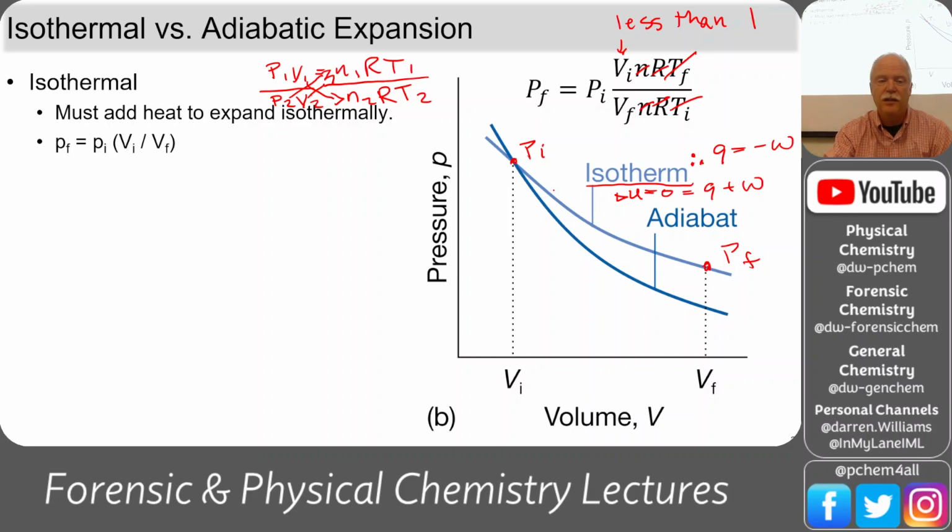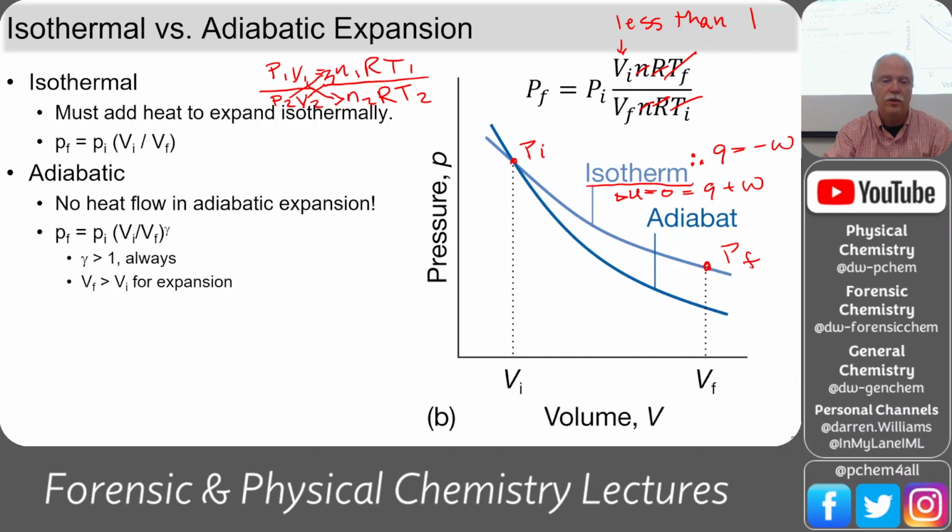Let's explore why it has a different slope. So if we can't keep the heat going into the system in that expansion, we start losing that thermodynamic equilibrium, and we start going down a steeper path, which is called an adiabatic expansion, where the heat is 0. No heat is flowing in, and we drop pressure even further, and we also drop temperature.